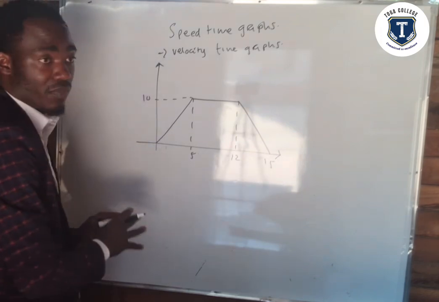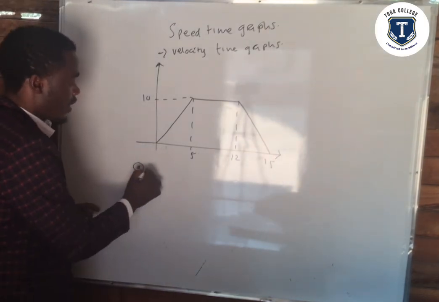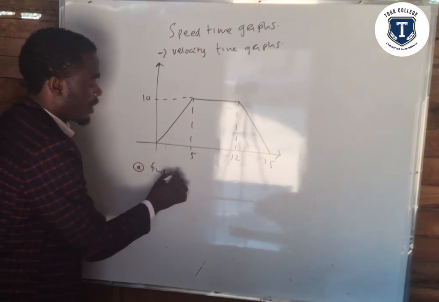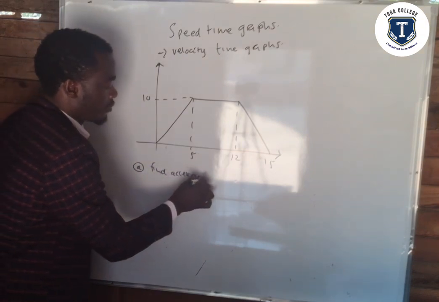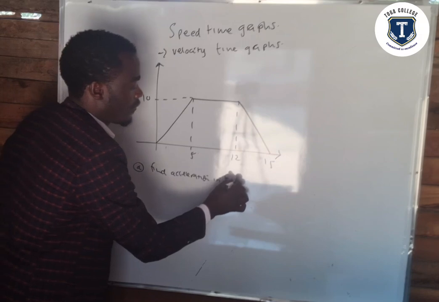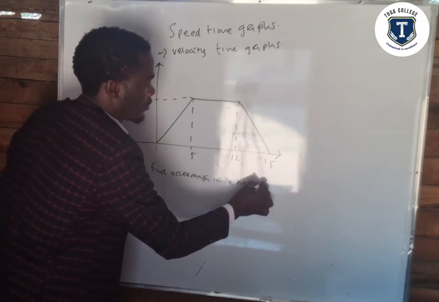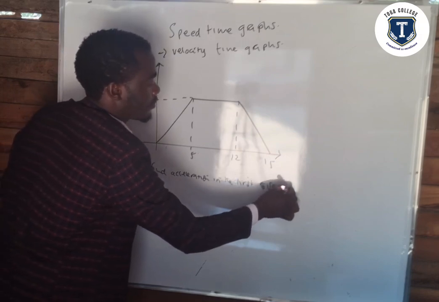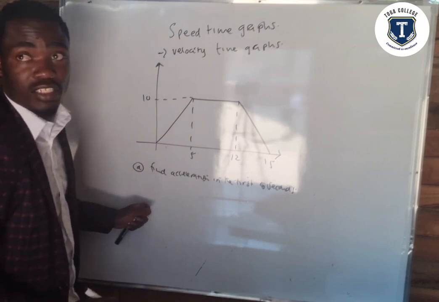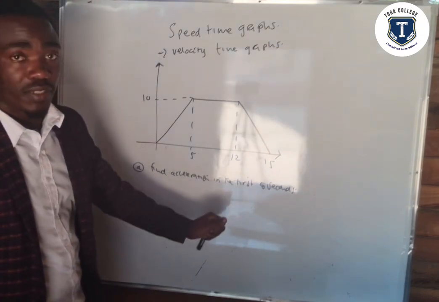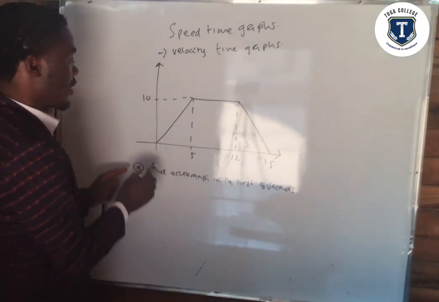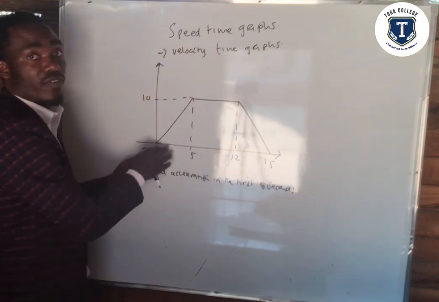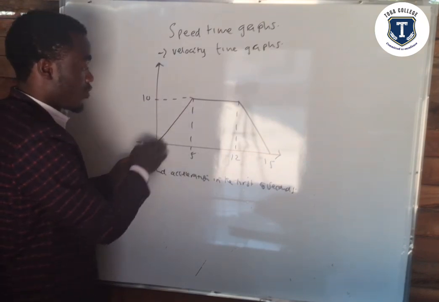So we actually have something like this, and then they ask you to find acceleration in the first 5 seconds. We want to find acceleration in the first 5 seconds, right? Okay, this is the part where they are asking us to find acceleration in the first 5 seconds, right?